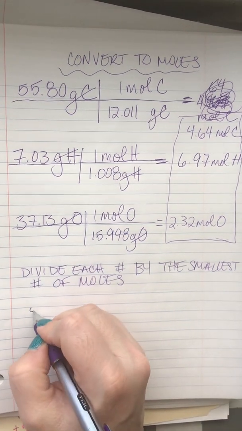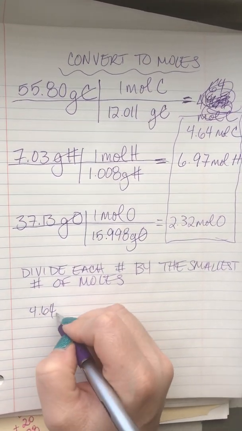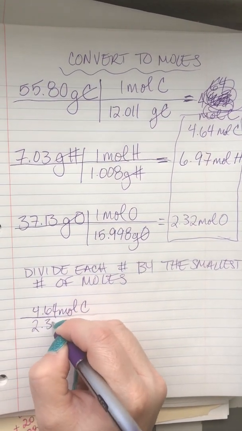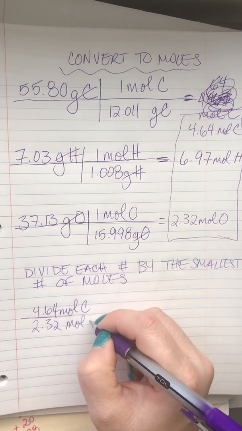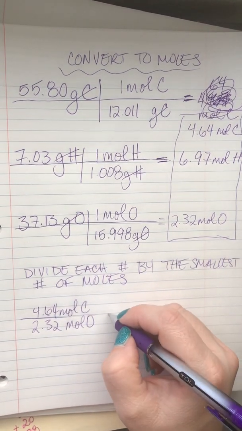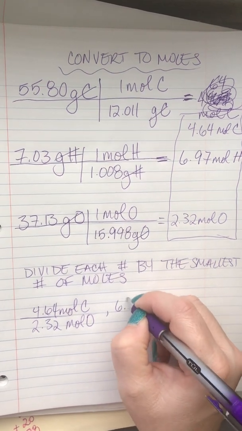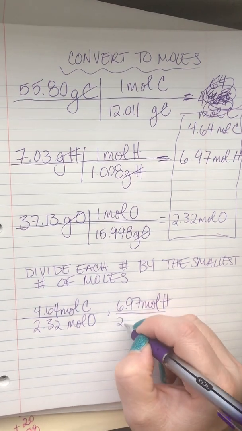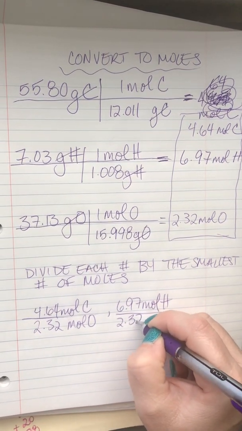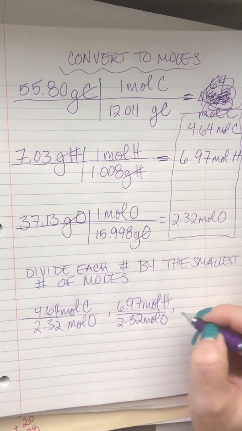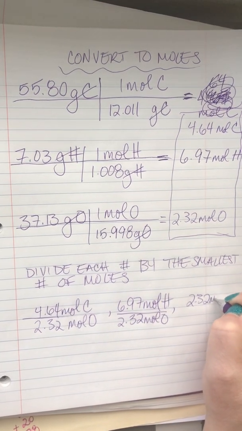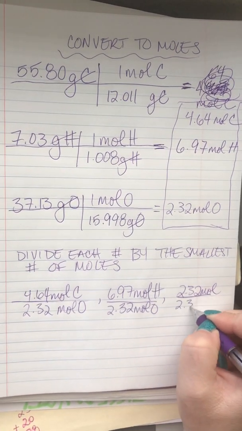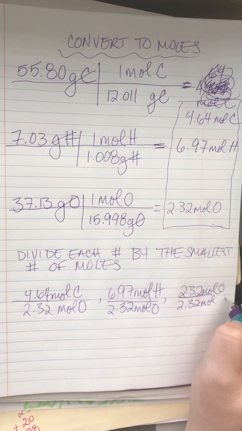So here we have 4.64 moles of carbon divided by 2.32 moles of oxygen. We have 6.97 moles of hydrogen divided by 2.32 moles of oxygen, and 2.32 moles of oxygen divided by 2.32 moles of oxygen.